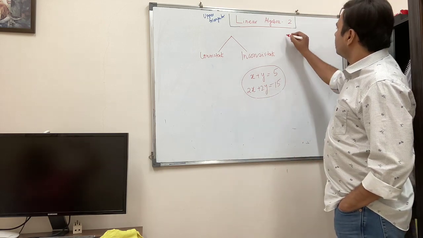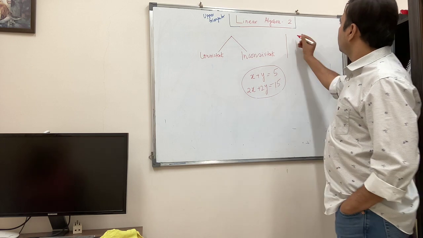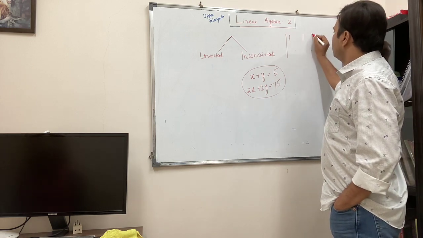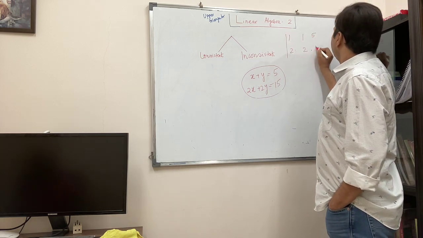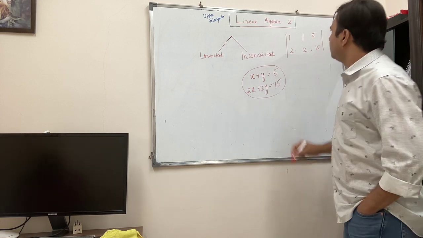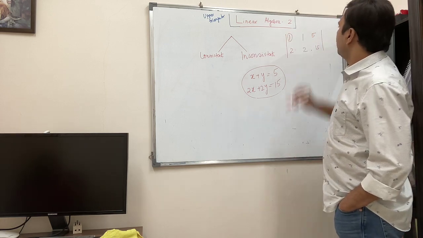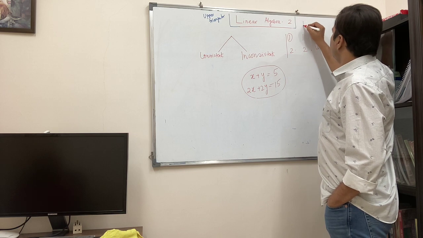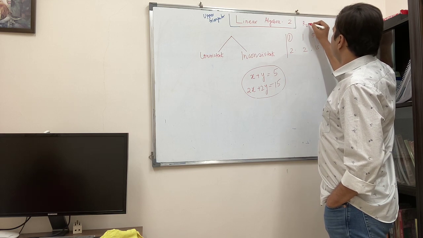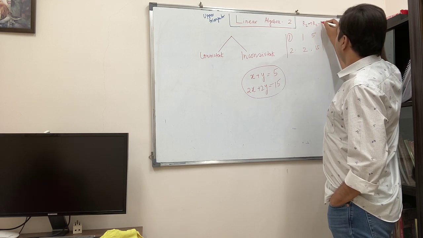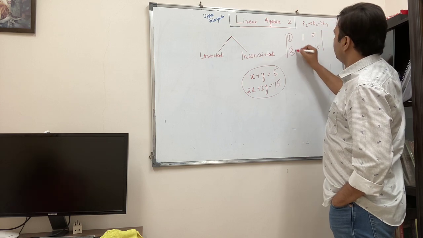Suppose I want to do it by the Gauss method. What would I have written? 1, 1, 5, 2, 2, 15. And what was my algorithm? This was the pivot. I used my first transformation, R2 goes from R2 to R2 minus 2 R1, to kill this and make this 0.